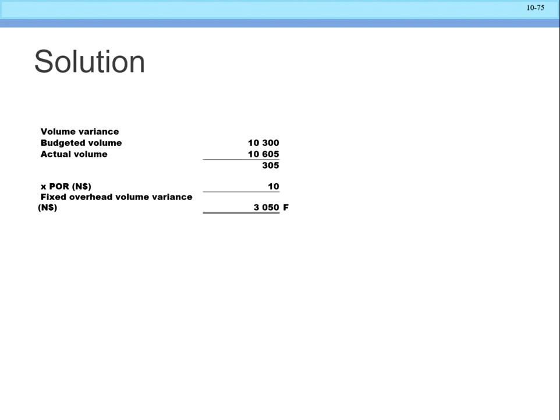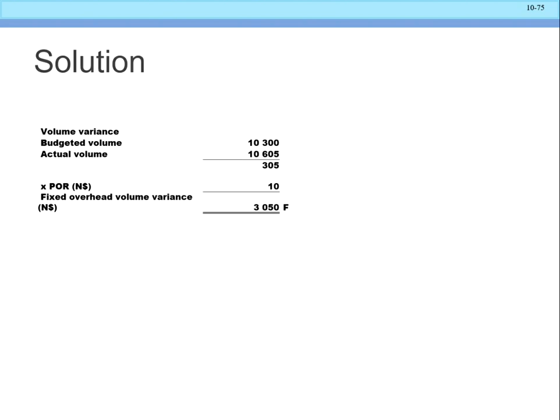That 305 is favorable, a good thing, because if you have fixed overheads, the more output you produce, the less cost per unit we get. So this is favorable, because it means our fixed cost per unit is going to be less as we produced more units.